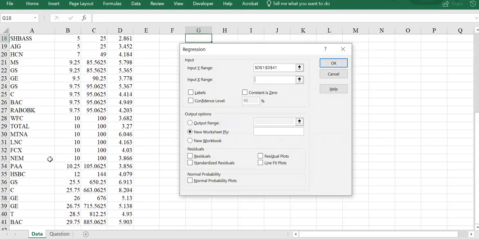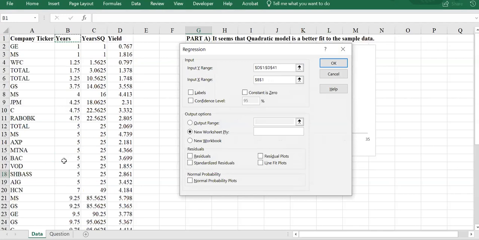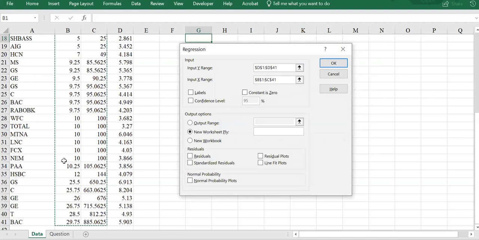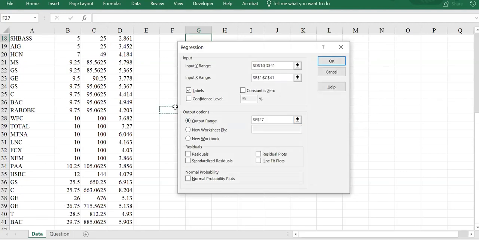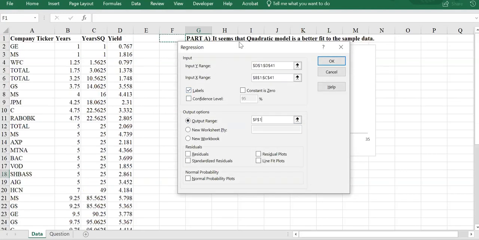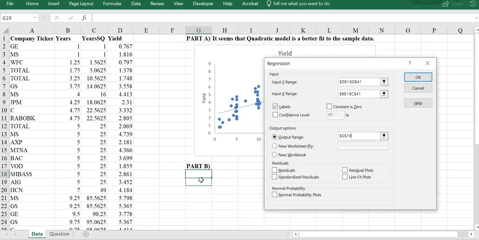The X range is going to be years and years squared. I have labels. The output range I'll just put here at G19. I'm going to check the residual plots just in case.